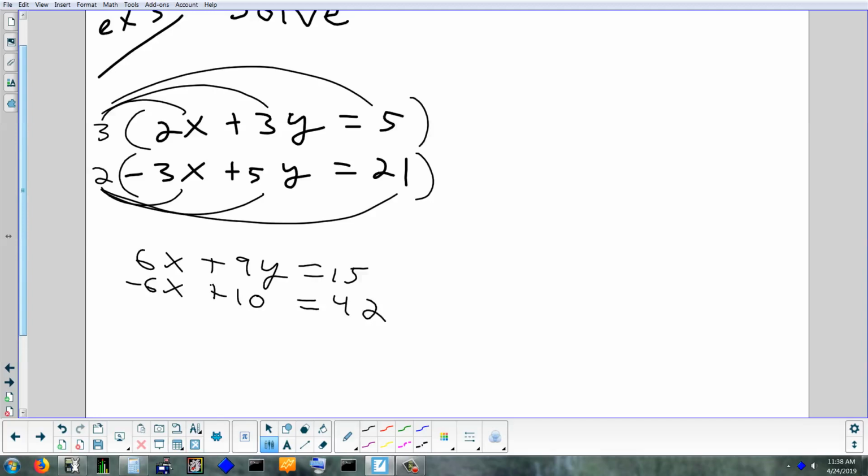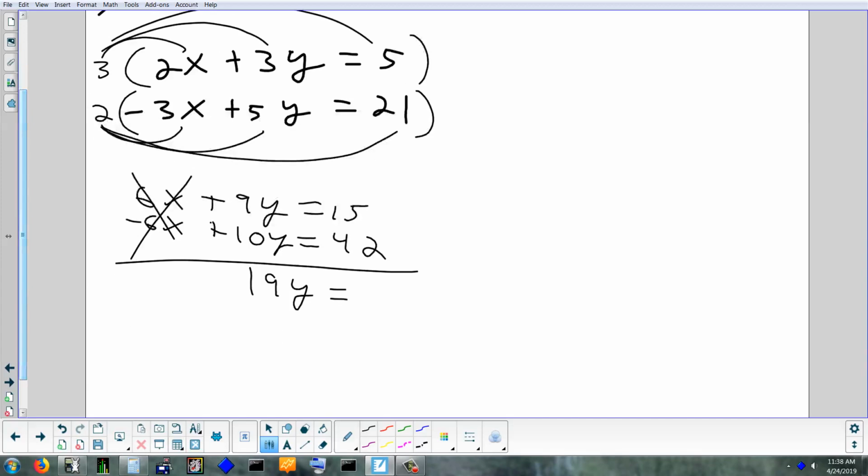Okay. Now, once you have numbers that are opposites, just add the columns. 6x, -6x. Gone. 9y, 10y gives me 19y. Let's see, 42 and 15 gives me 57.